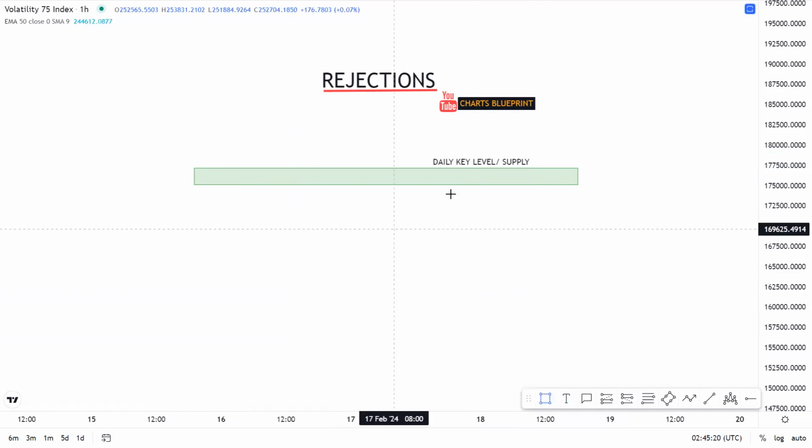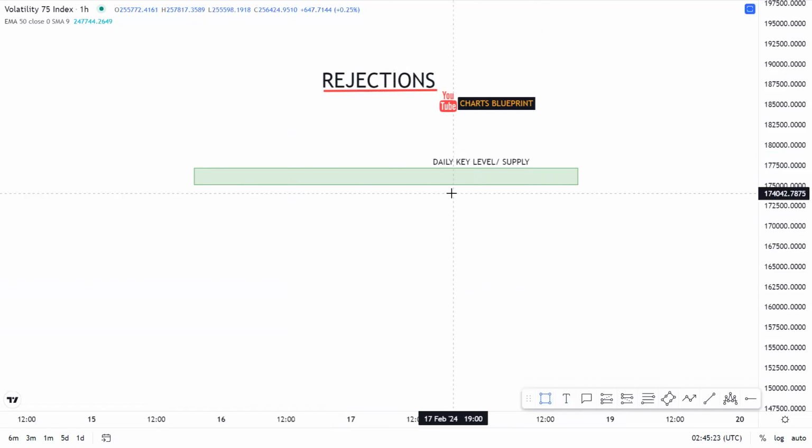As you pay attention to the daily time frame, as we are looking at the daily supply level, there is only one of two things we want to see happen as price trades into the level.